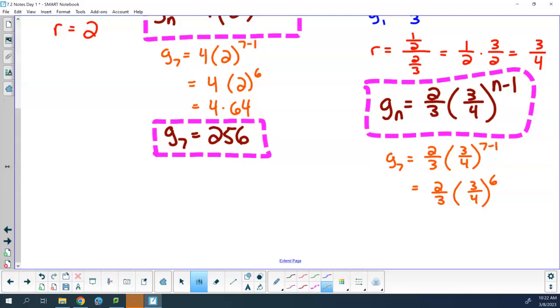Talk about it. We want this in fraction form. And it's not working. The calculators are failing us. So let's blame the calculators instead of using our brains.